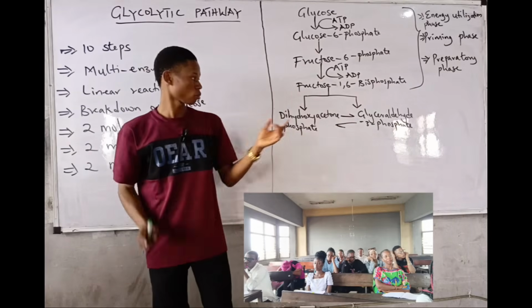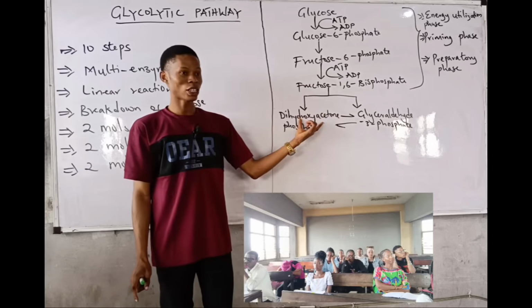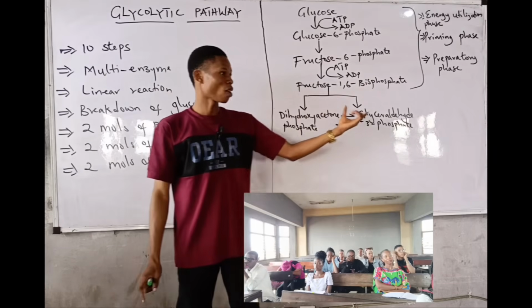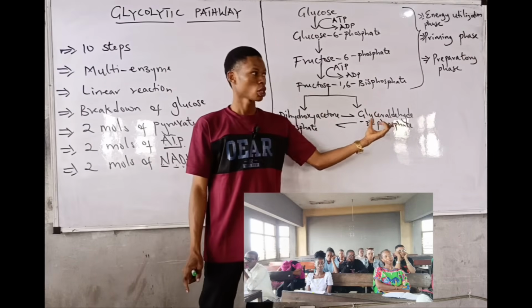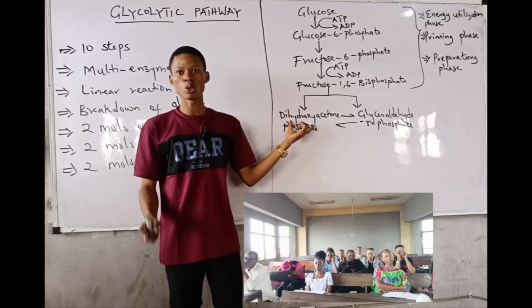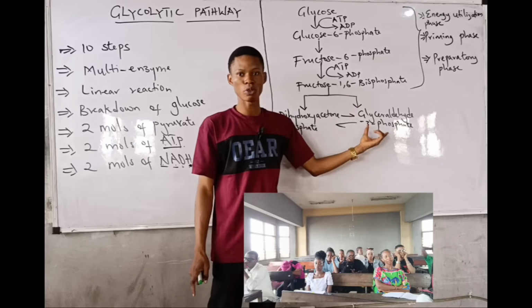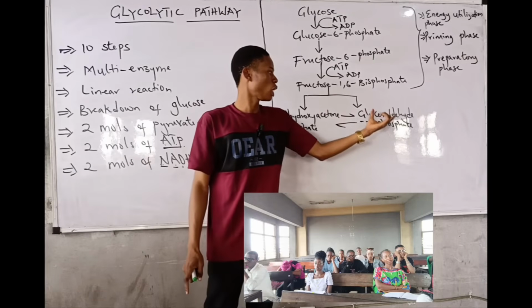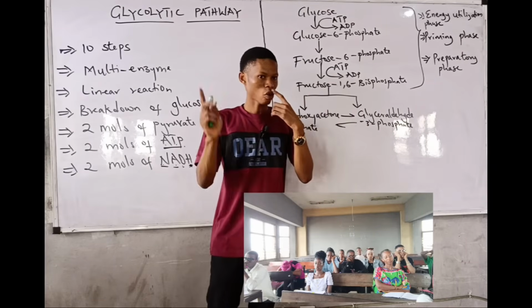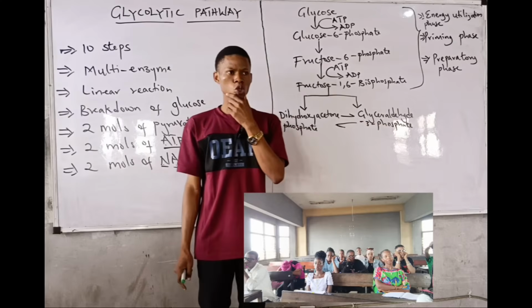Understand this very well now. We have one dihydroxyacetone phosphate here and one glyceraldehyde 3-phosphate here. But this cannot continue in the pathway, so it is converted to another molecule of glyceraldehyde 3-phosphate. If I ask, how many molecules of glyceraldehyde 3-phosphate do we have now?